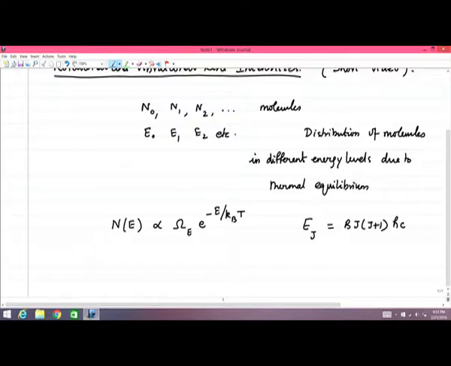The quantum number J corresponds to 2J plus 1 states, which are given by different values of the projection of J on the molecular axis, and these are called the K quantum numbers, and they go from minus J to plus J in integer steps.